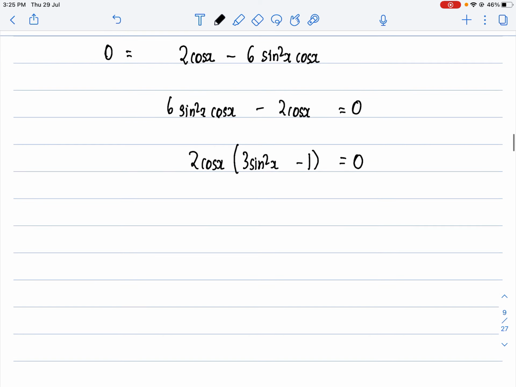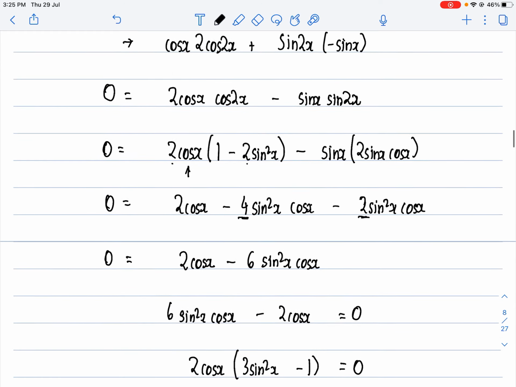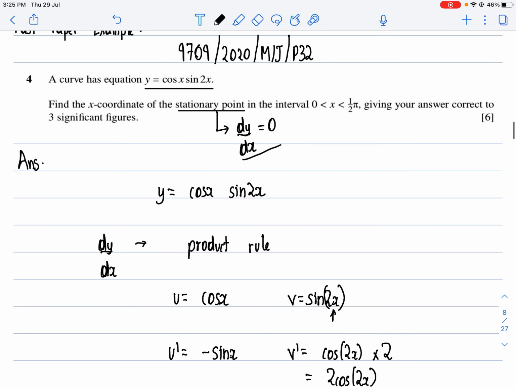Correct? So I can simply write this as 2 cos x equals to 0, and 3 sine square x minus 1 equals to 0. Now here I'll get basically cos x equals to 0. Let me split this. As you can see, I have the radian mode, the domain from 0 to half pi.